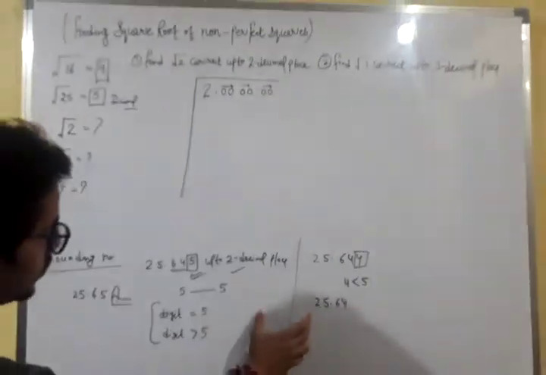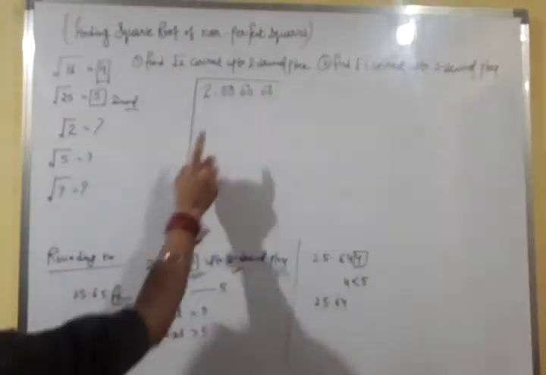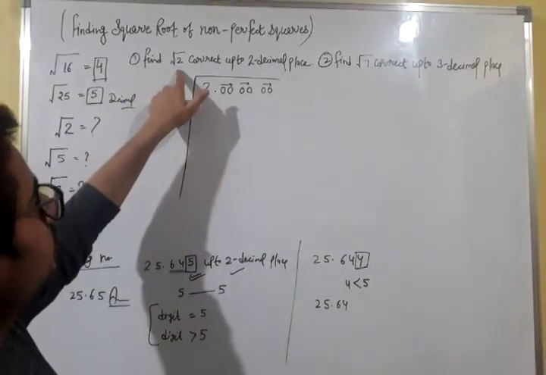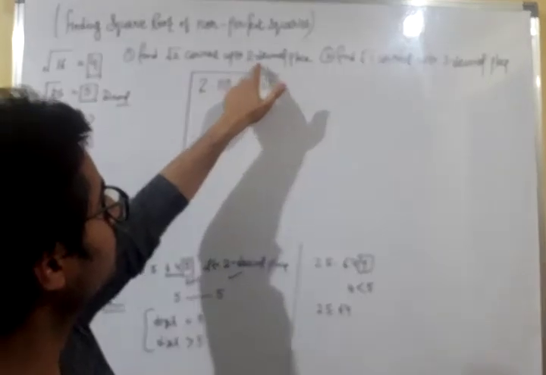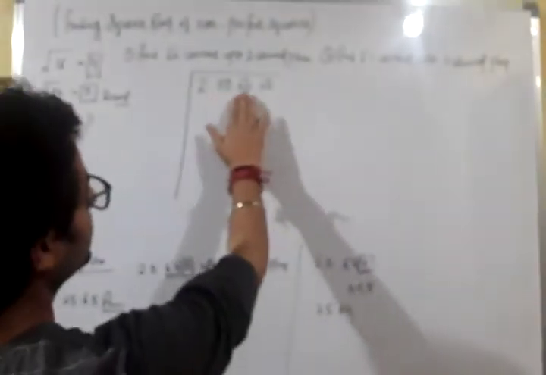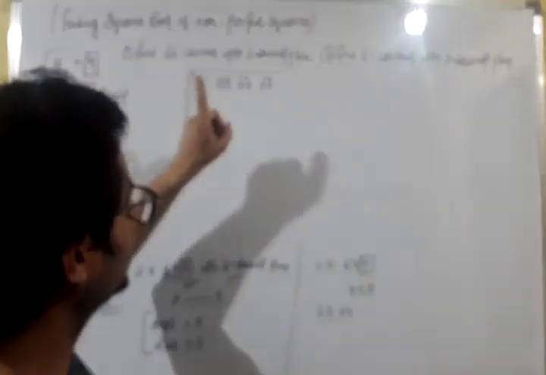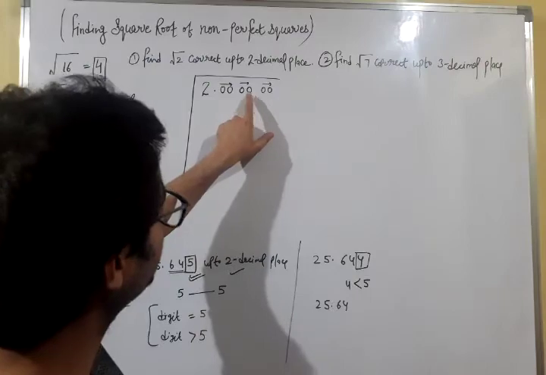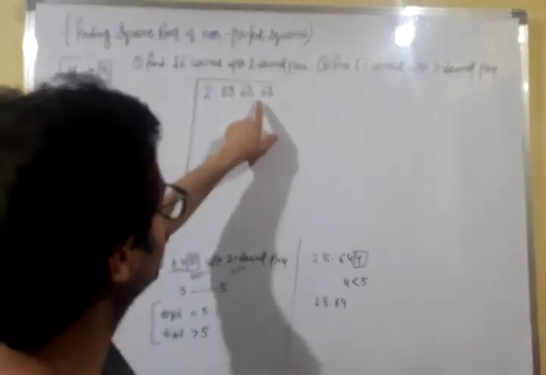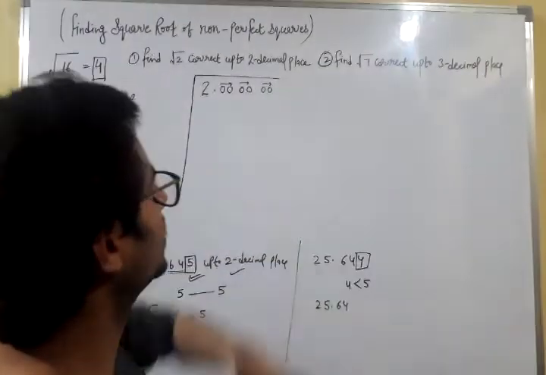Why do I teach you rounding numbers? Because we need it here. In this question we have to find the square root of 2 correct up to two decimal places. Two decimal places means we have to write 6 zeros, because 00 makes one place, 00 makes the second place, and another 00 makes your third place.